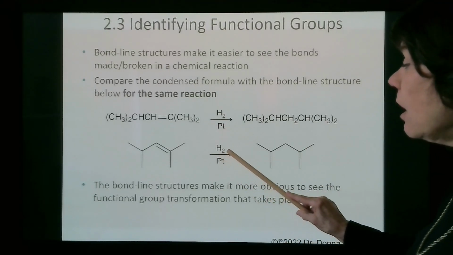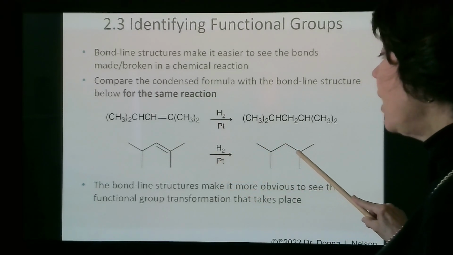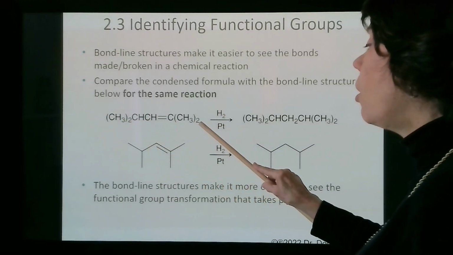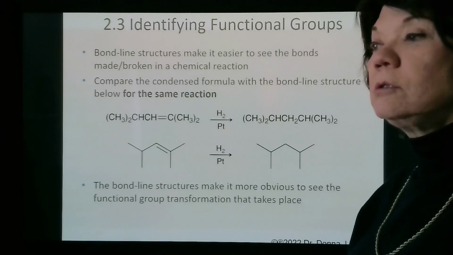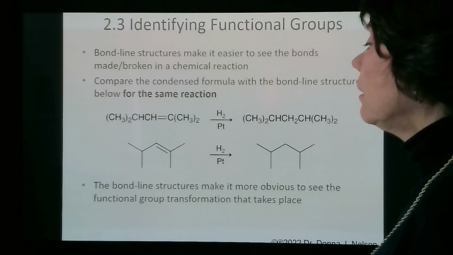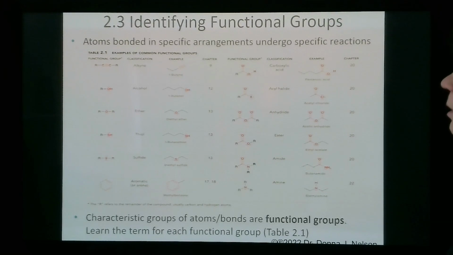And so therefore, H2 has added across the carbon-carbon double bond. And so that functional group has been reacted. Up here, it's much harder to see because the CH bonds are just clutter. So we will use the bond line structures extensively. It will be very necessary for you to know what those bond line structures are, how to read them, how to draw them.